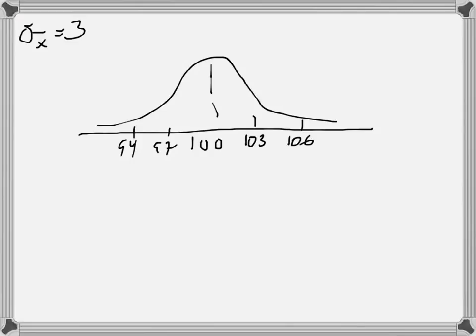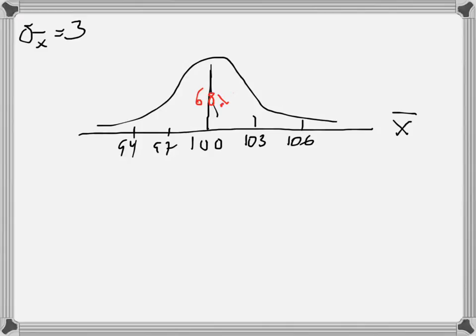Okay, so this bell curve right now describes the likely samples I would get, the likely sample means, that is, the likely averages from samples of 25 people from the population with a mean of 100 and a standard deviation of 15. So again, using the empirical rule, it helps to look at this.